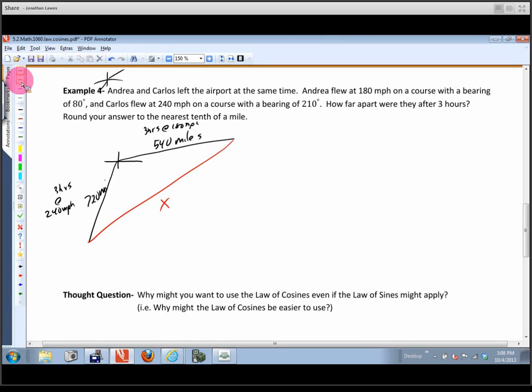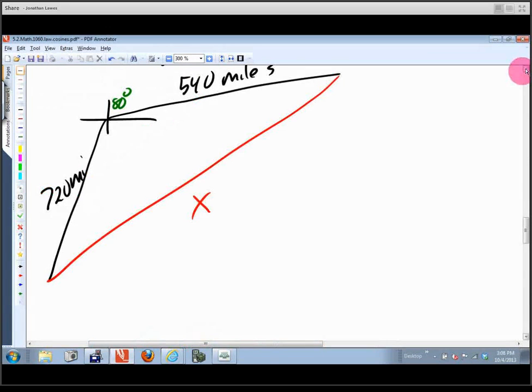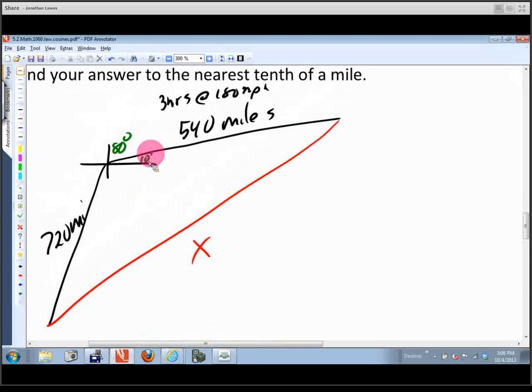Remember, we had some information here that we didn't actually draw on the diagram, and they were the bearings. We kind of roughly approximated them, but this was 80 degrees. I'm going to blow this up just a little bit. If that's 80 degrees, this is 10 degrees. And we also had this bit of information that this bearing was 210 degrees altogether. So if that's 90 and 180, that means this is 30.